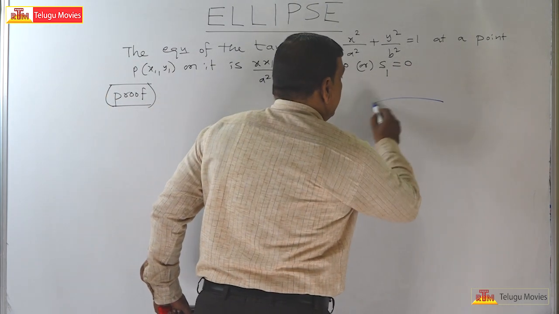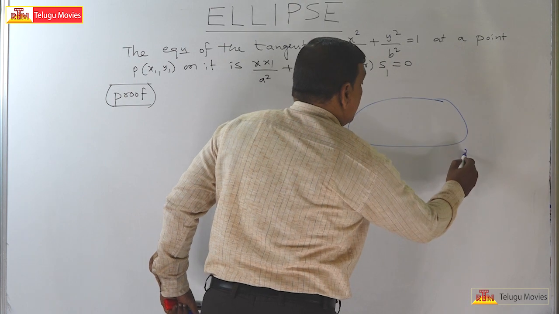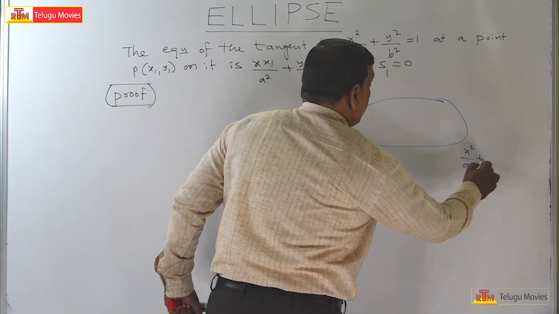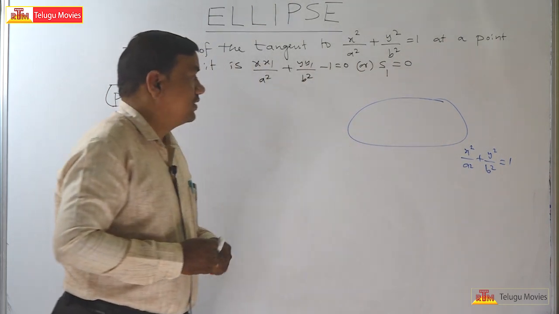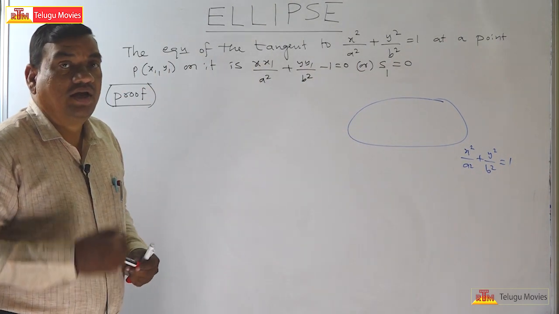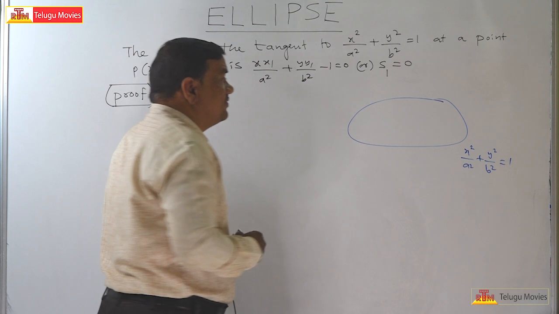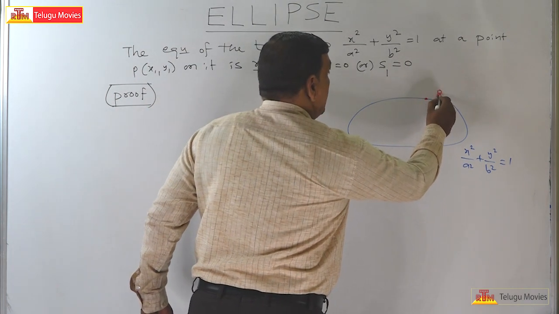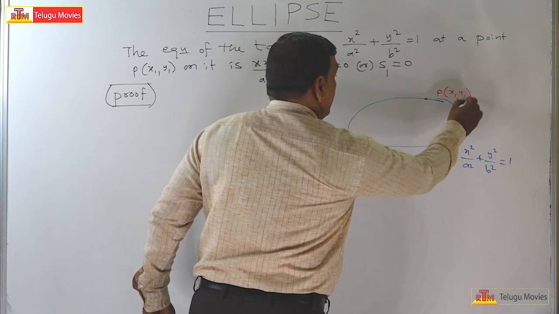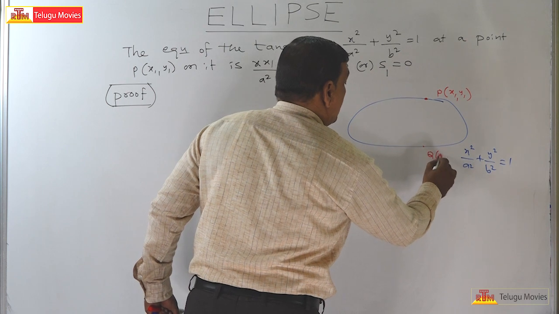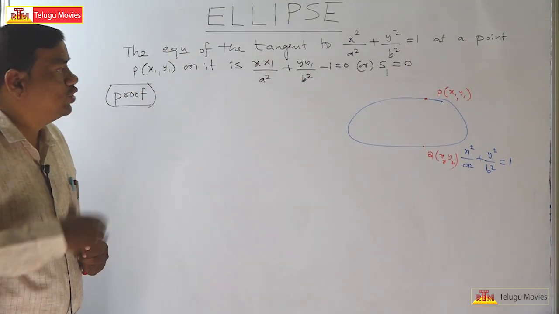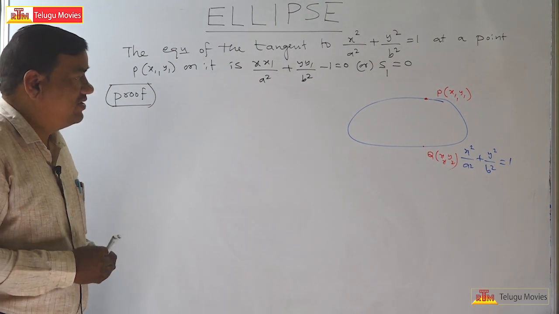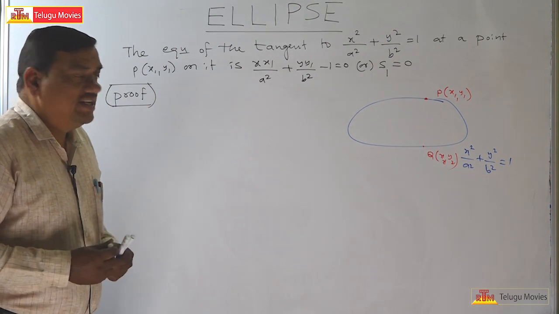First, there is an ellipse here whose equation is x square by a square plus y square by b square is equal to 1. Okay, now let us take 2 points on this ellipse, P x1 comma y1 and Q x2 comma y2.